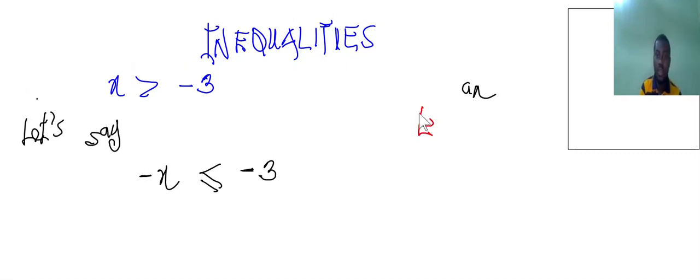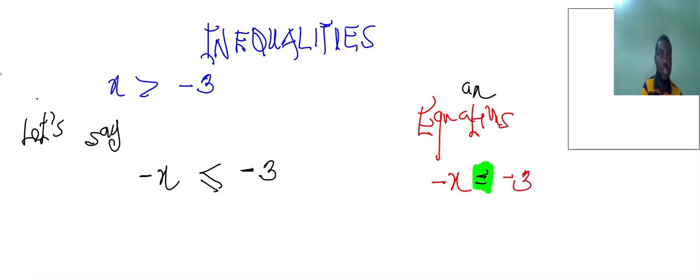When solving equations like minus x equal to -3, in equations we don't have the inequality sign. Equations just contain only equal to sign. We are permitted to say minus cancels out on both sides, and we have x equals to 3. But it is wrong to do that in inequality.